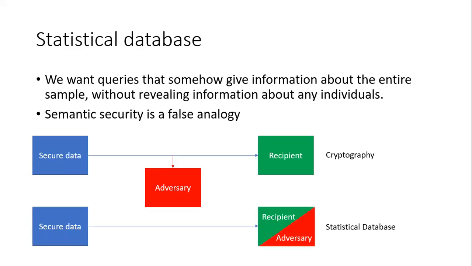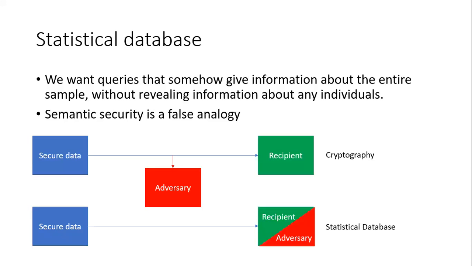In the bottom setup, you have the statistical database setup. You have secured data, and it's being transmitted, but instead of being transmitted encrypted, it's transmitted through some privacy-preserving mechanism. But the reason it doesn't match up with semantic security is that the recipient is the same as the potential adversary.